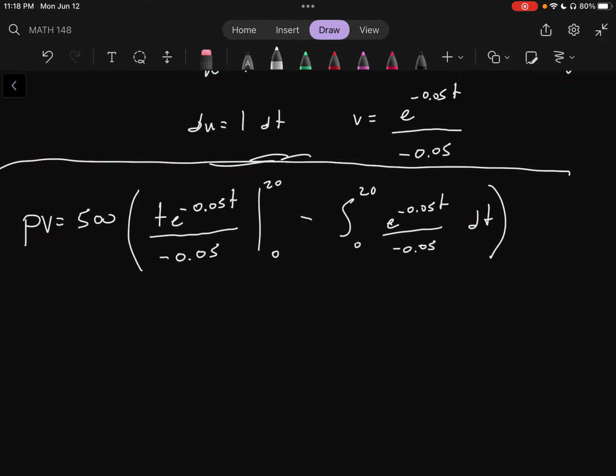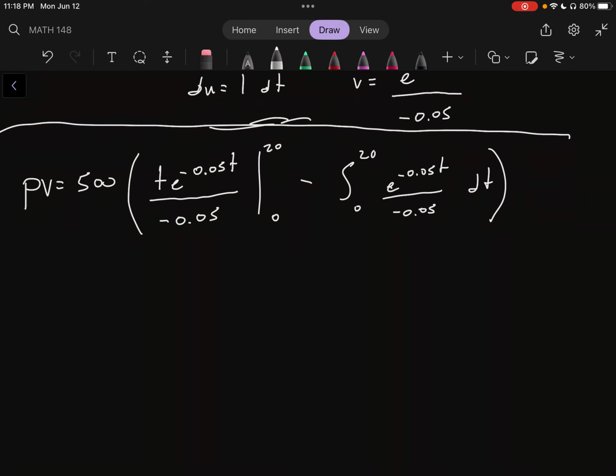So now we can take this down even further. Present value is going to equal 500 multiplied by the first part, t e to the negative 0.05t over negative 0.05, where the lower limit 0 is plugged in and this is just going to be 0, so we only need the first part.